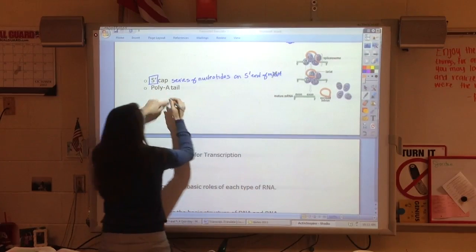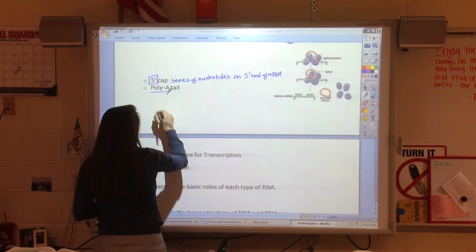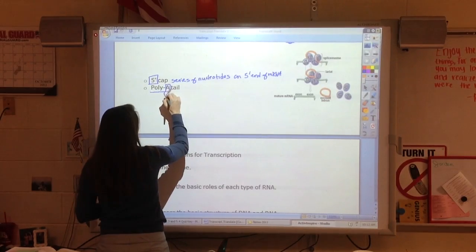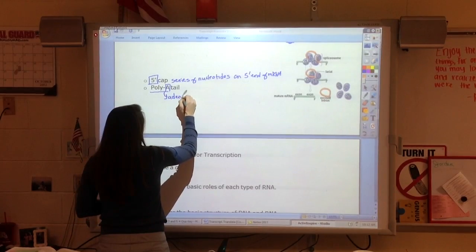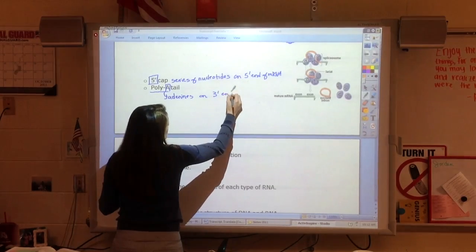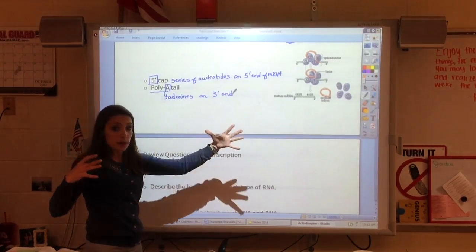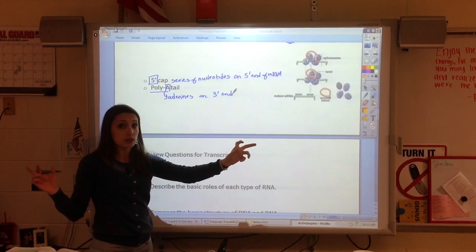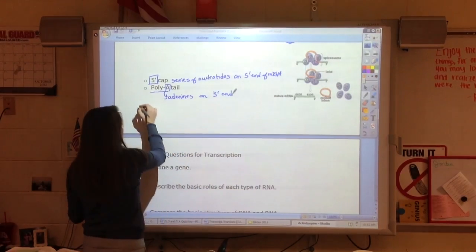And the poly-A tail is also going to be a series of nucleotides, but adenines on the 3' end. So what these are basically going to be cushions that are going to help prevent degradation.